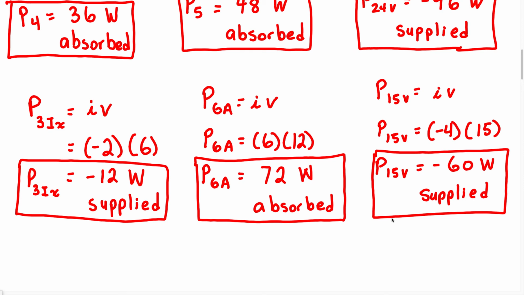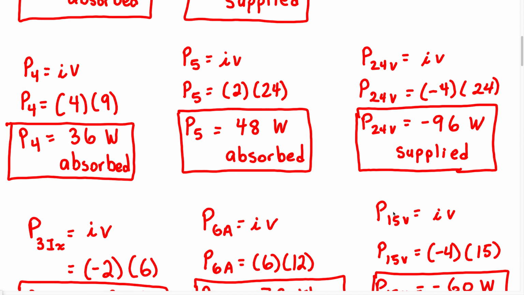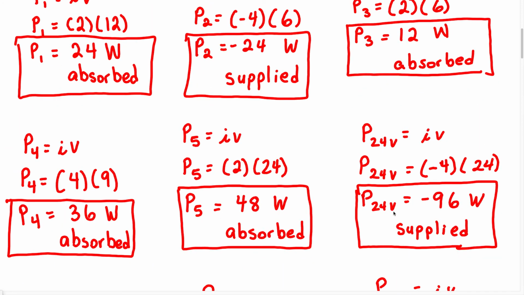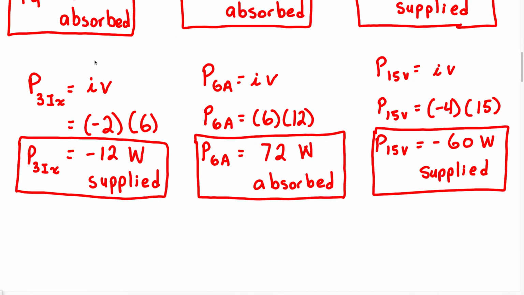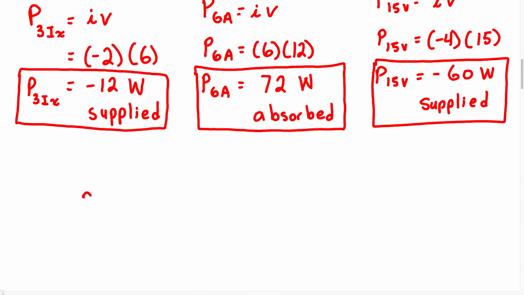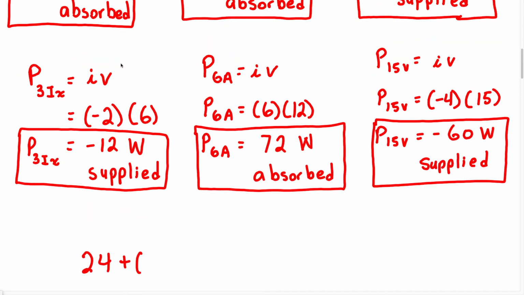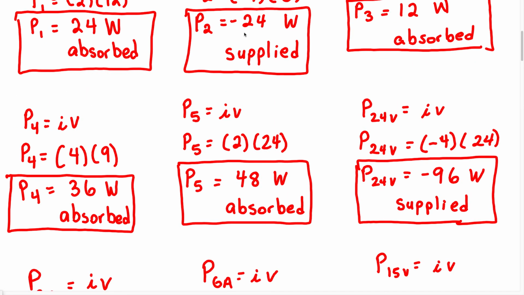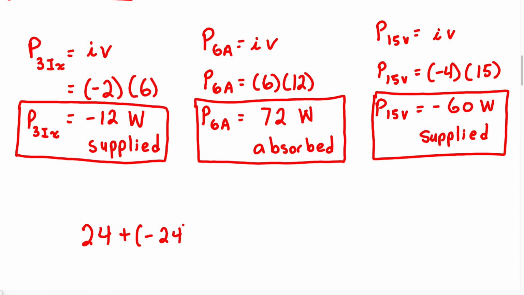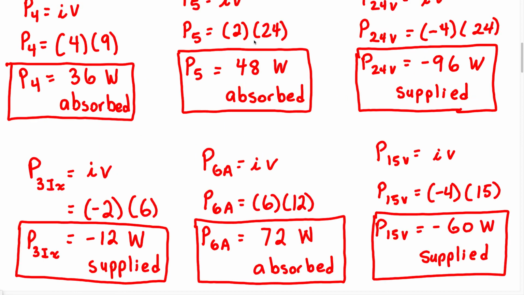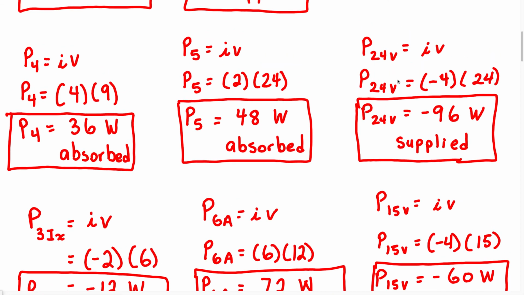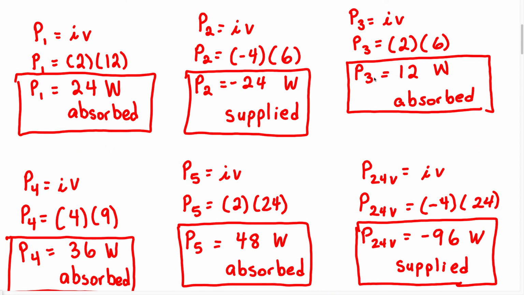Now, let's just confirm that we have the right answers, right? We know if we add up all of the powers, we should get a total sum of 0. So if we say 24 watt, plus we have -24, plus 12 watt, so we got the 12 from the third element.